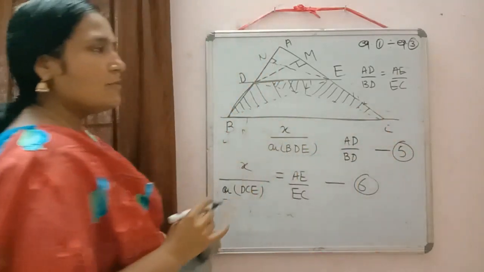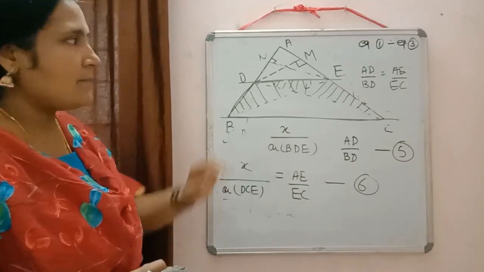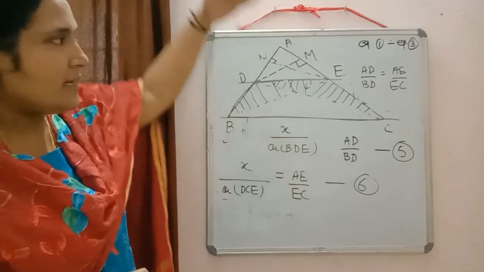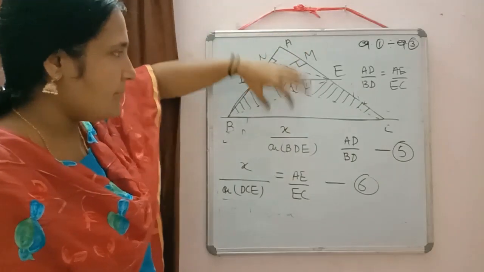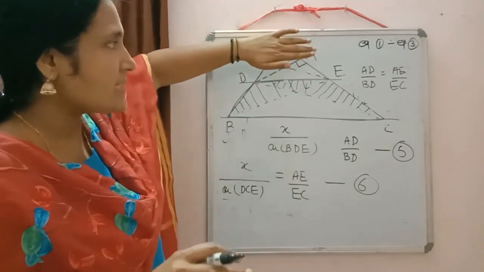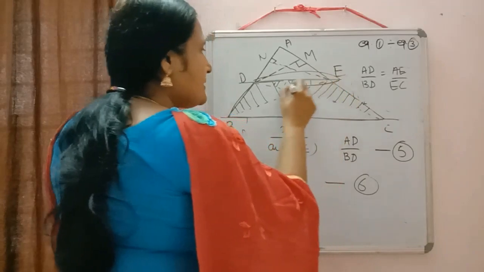Okay, DE is parallel to BC. So here we have to use the concept which you studied in 9th class. Two figures, if they are on the same base, if you check triangle BDE and triangle CDE, we have a common side, and that common side is DE.